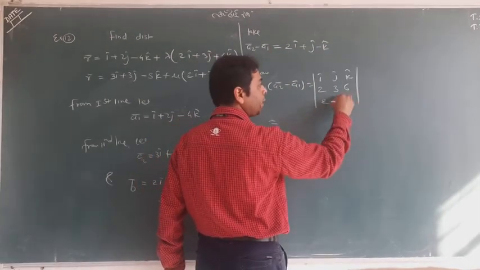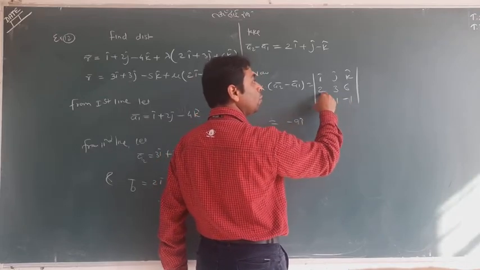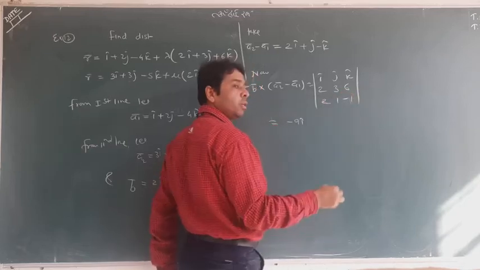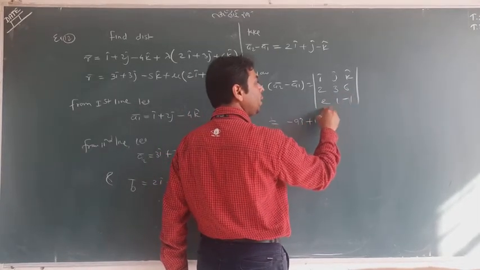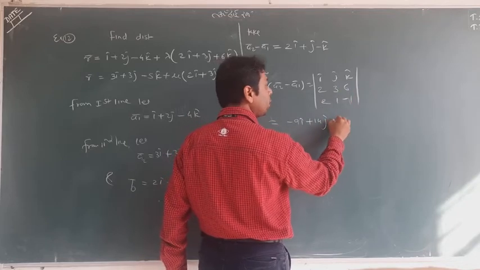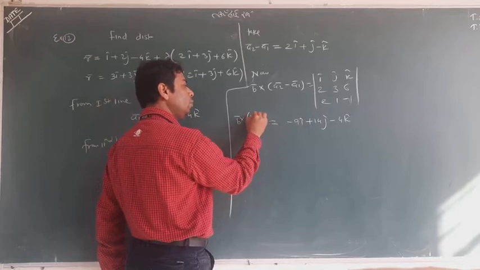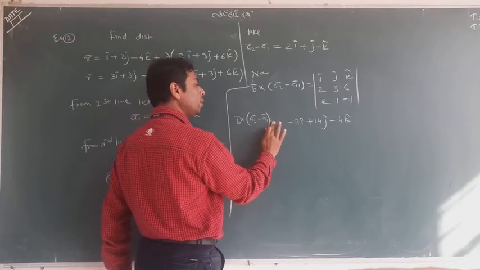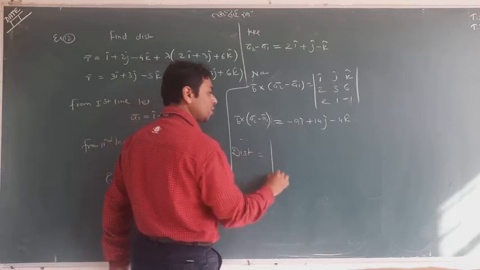So this is going to be −3 − 6 = −9, then −2 − 12 = −14, plus 14, and 2 − 6 is −4. Okay, you got b × (a2 − a1). After finding it, you can go on to the distance.